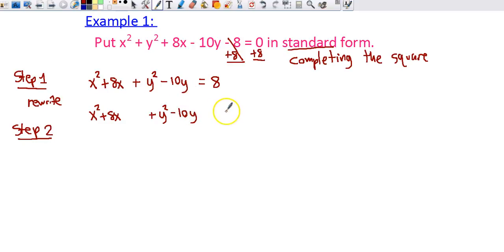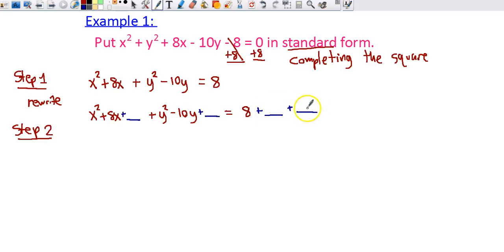After the 10y, leave another gap. And after the 8, leave a couple spaces. So what we want to do here is we want to come up with a number. It will be positive, and I'll explain that in a little while why it is. We want to come up with a number here and there, and the same two numbers here.